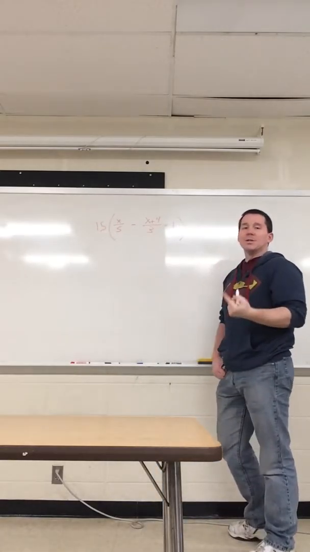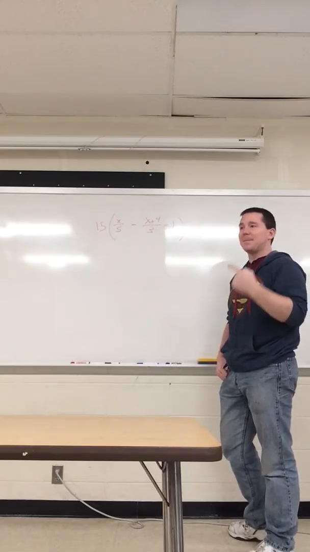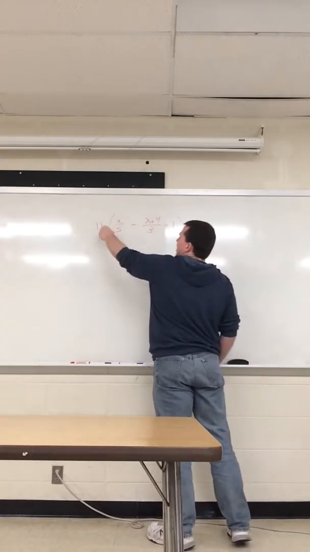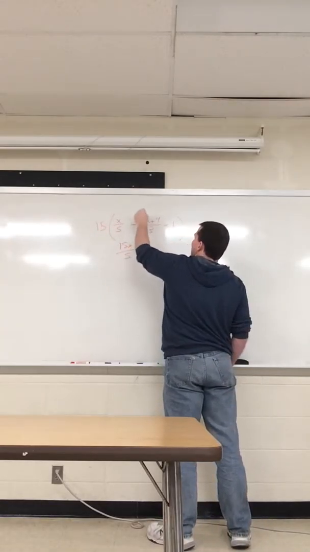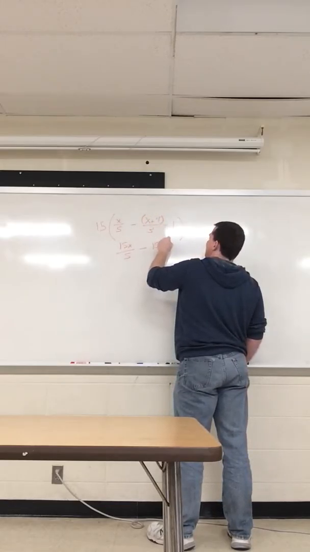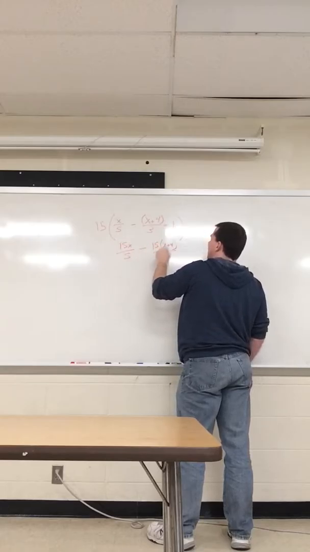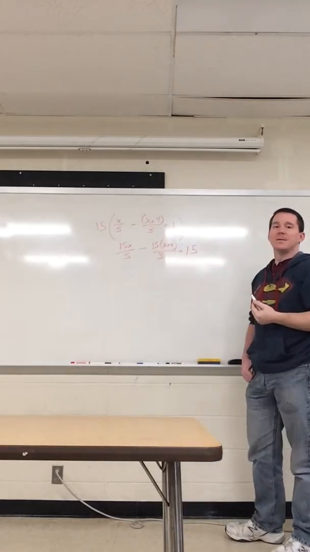Once you know what you're doing, you can multiply, cancel, and simplify all in one step. But to write it out long form, 15 times x is 15x over 5. Here we'll put this in parentheses. So we get 15 times x plus 4 over 3 equals 15 times 1, 15.